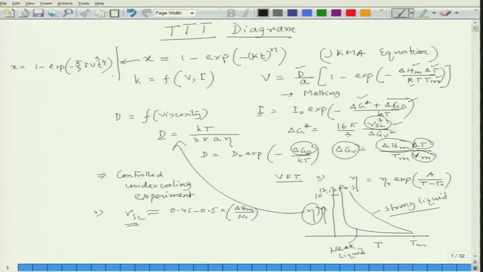So, this expression we can get where I is constant, V is constant and 3D growth.